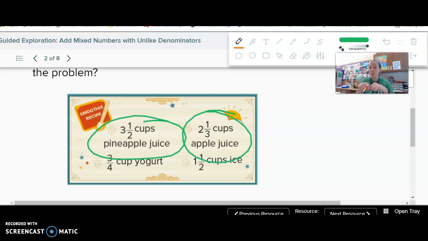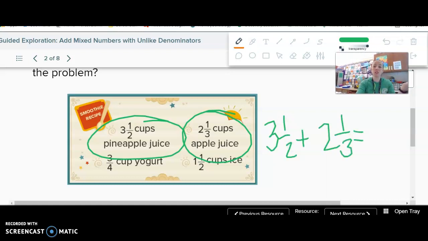If we'd all combine it, right, to make a smoothie. So we'd have 3.5 plus 2 1/3 equals, we could say, P, pineapple juice, S for smoothie, right? Just amount of juice, J for juice. But we're adding those two fractions. That is, I would say, the key aspect that we're getting at here.